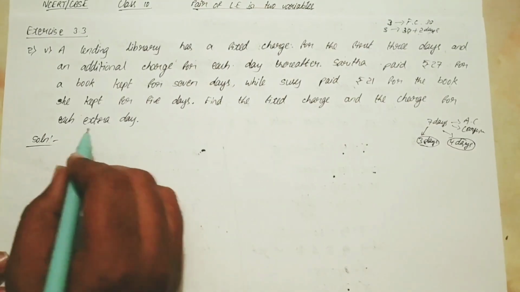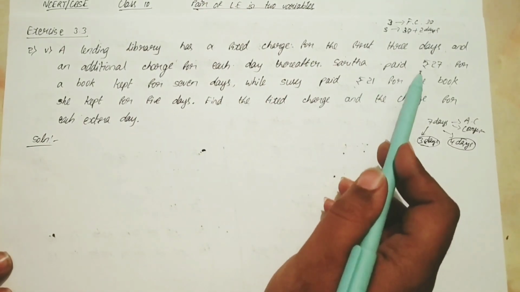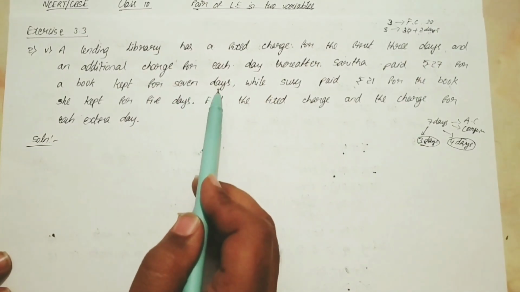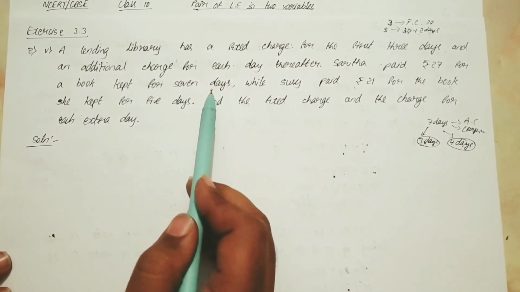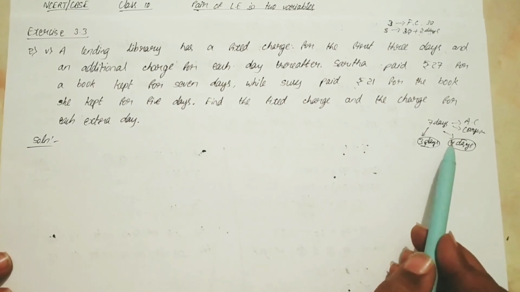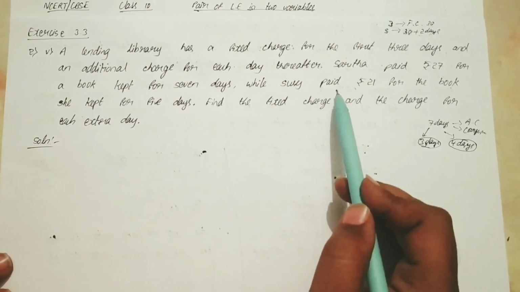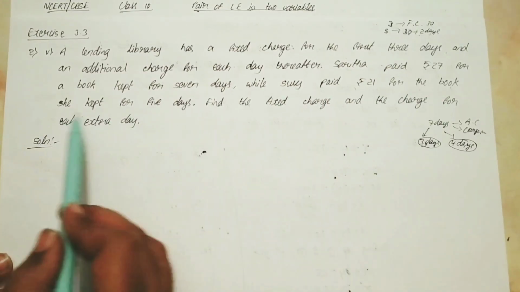So here Saritha paid 27 rupees for the book kept for 7 days, which means she paid the fixed charge and along with that the additional charges for the extra 4 days. In the same way, Susy paid 21 rupees for the book kept for 5 days.